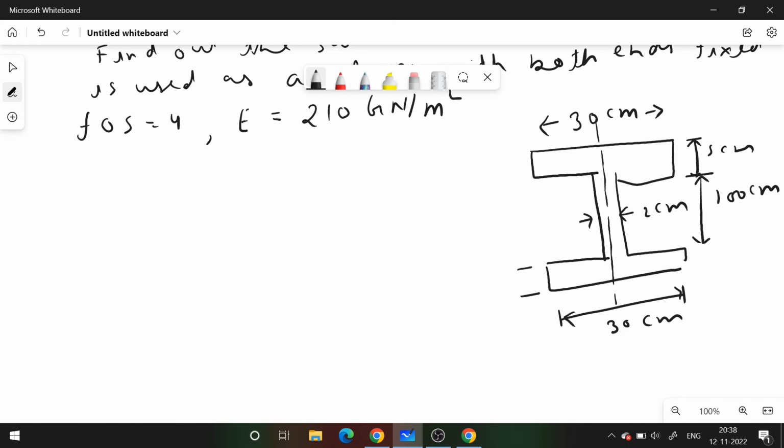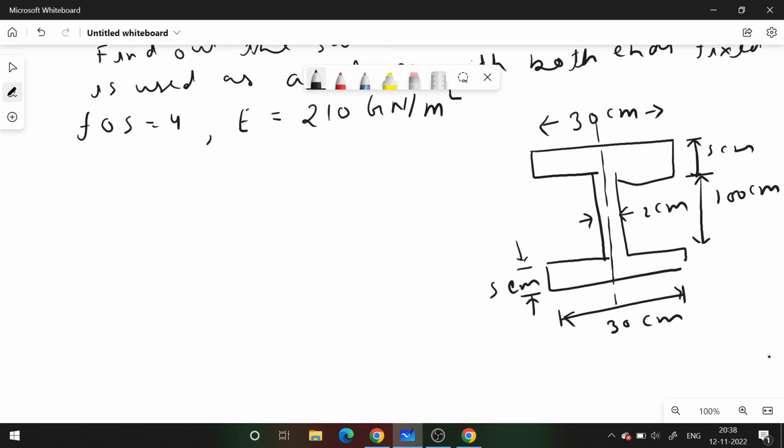Now, a beam which is simply supported at its ends. Compute its length, given that when it is subjected to a load of 40 kilonewton per meter length, it deflects by 1 centimeter.